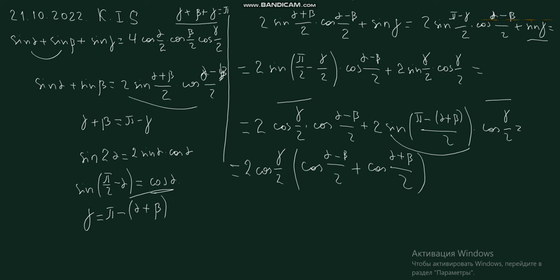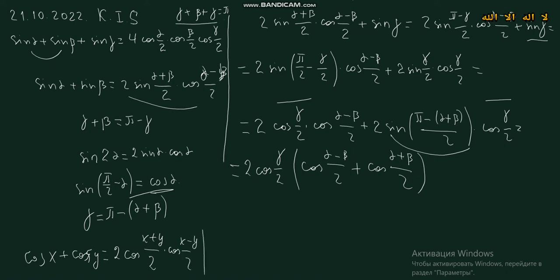Once more I may use the sum of cosines. According to this formula, cosine of x plus cosine of y equals 2 cosine of x plus y over 2 times cosine of x minus y over 2.